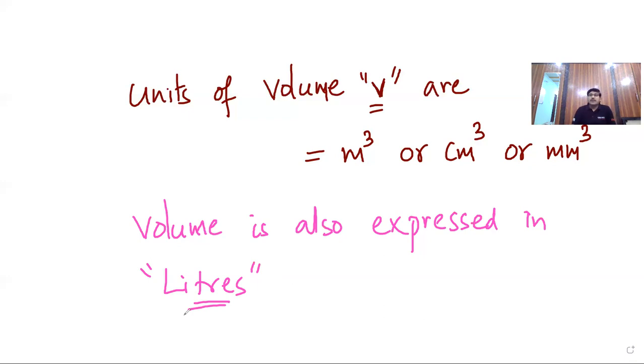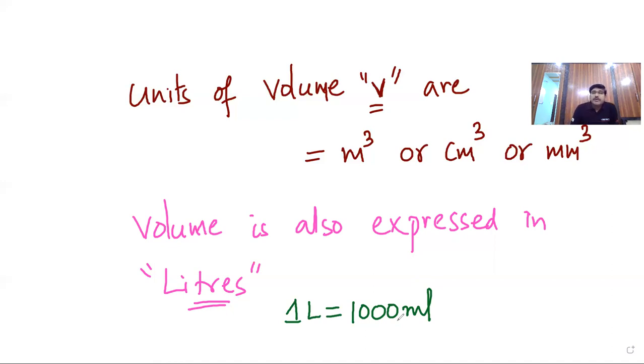Here I tell the conversion: 1 liter, 1 L, L stands for liter, is equal to 1000 milliliters. 1 liter is equal to 1000 ml.